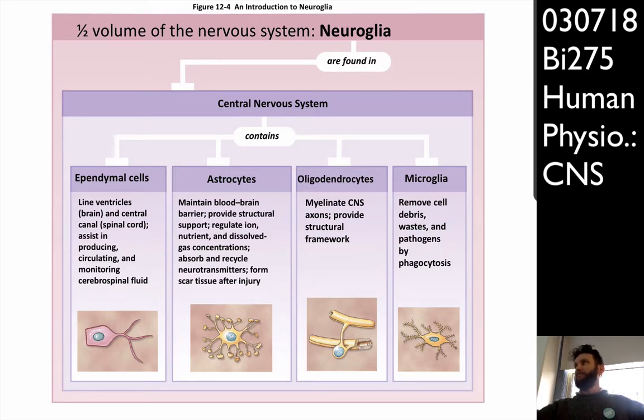They have all these projections that come out from them in this three-dimensional pattern that connect to various neurons and to capillaries and give the brain its three-dimensional structure. They create the three-dimensional lattice that the neurons find themselves in.